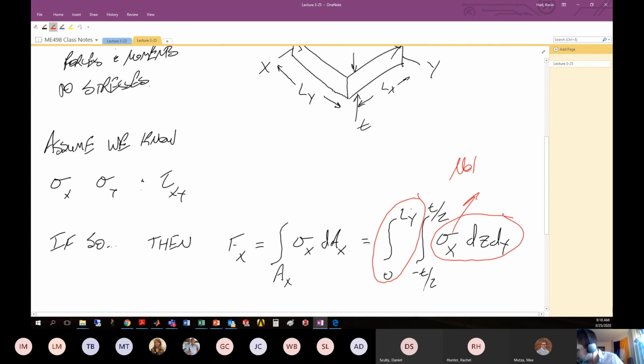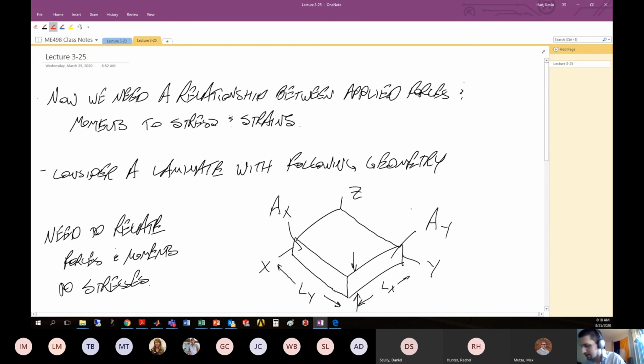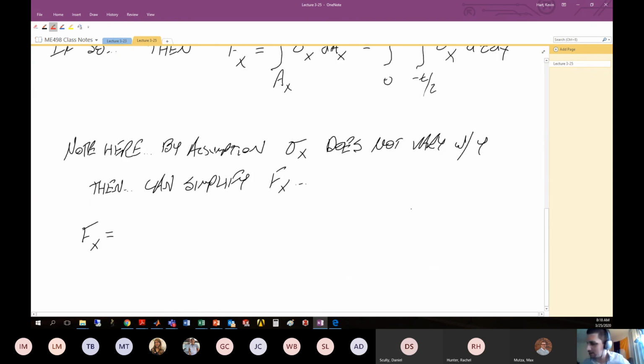By the first fundamental theorem of calculus, if this is not a function of that variable, then it just pulls out. So here Fx just becomes Ly, as we pull it out of the integral, multiplied by the integral from negative T on 2 to T on 2 of sigma x dz. So we have this constant Ly, the length of the laminate in the y direction, which is just hanging out after we've gone through this derivation.